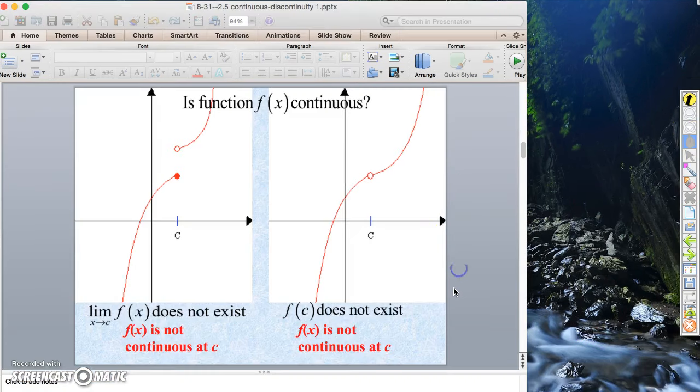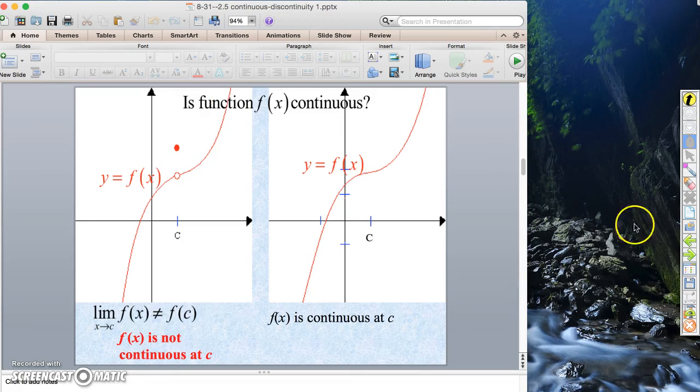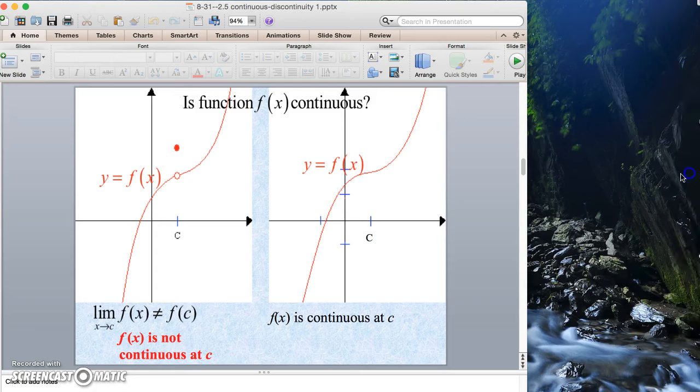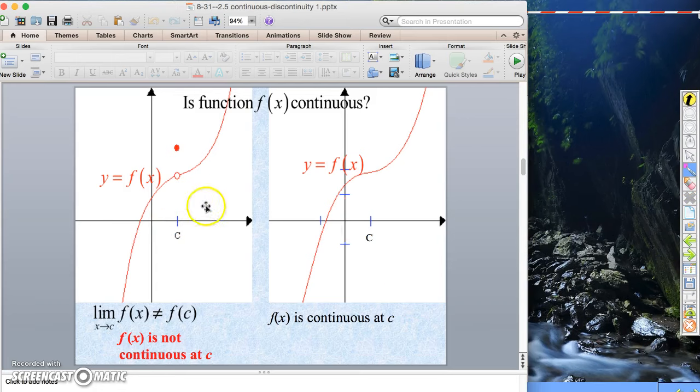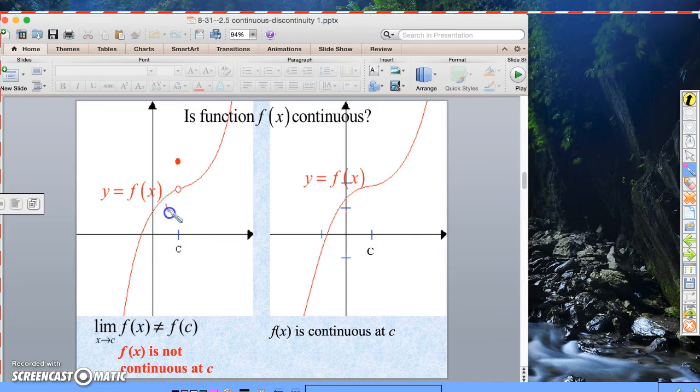Okay? Let's take a look at the third case. Take a look at the third case on the left. You see here that the limit as x approaches C from the left and the limit as x approaches C from the right approach the same value. If I plug C into my function, I have a value that is way up here.